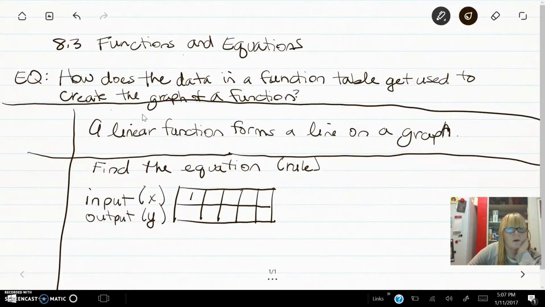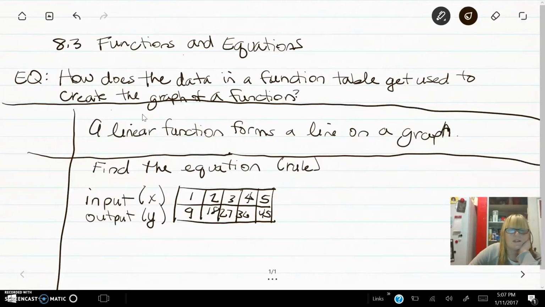All right, so I have 1 and 9, 2 and 18, 3 and 27, 4 and 36, 5 and 45. All right, so getting from 1 to 9, I can add 8 or I can multiply by 9.